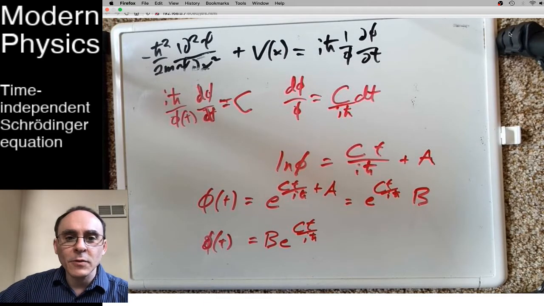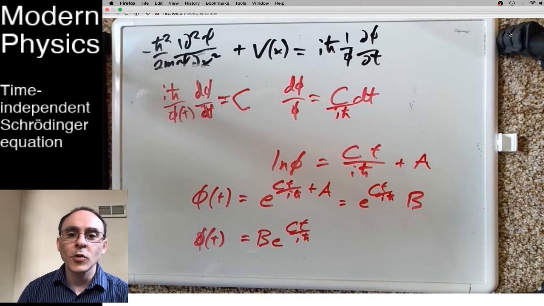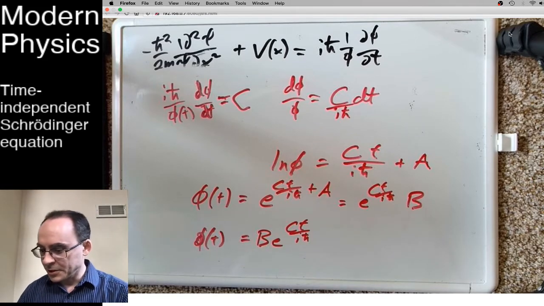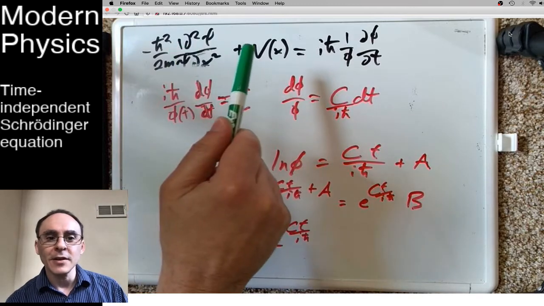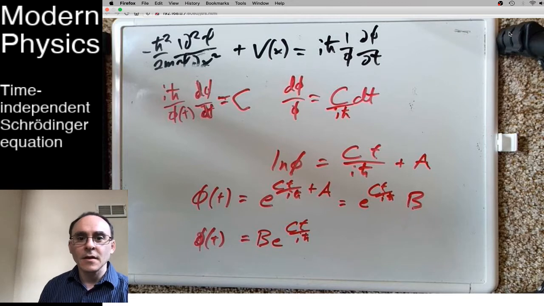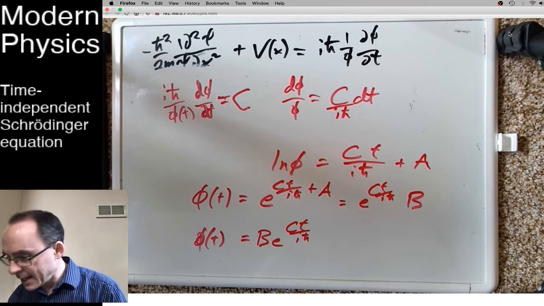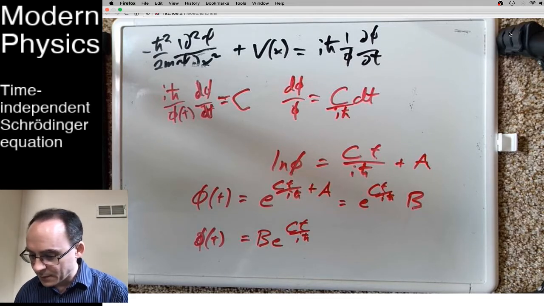One thing I can check is that, remember, this right-hand side of the Schrödinger equation was supposed to be energy, the total energy, when we went through the original derivation. The part on the left was p squared over 2m, then we had a potential energy, so kinetic plus potential equals total. So if we look at IH bar d phi dt, that should be equal to energy.